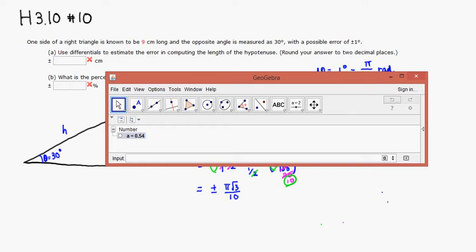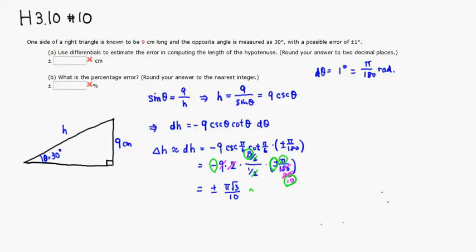Is that the 2 decimal places? So this came out to be plus or minus 0.54.